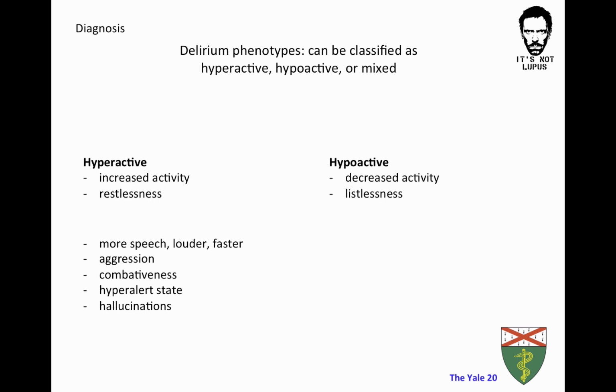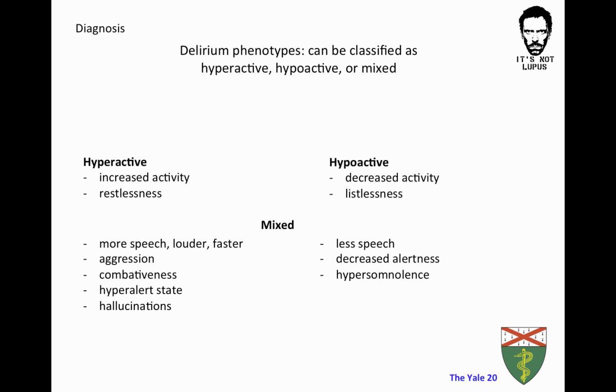In hyperactive delirium, there can be more speech. This is also louder and faster. There can be aggression, combativeness. They can be in a hyper-alert state or have hallucinations. In contrast, in hypoactive delirium, there is less speech, decreased alertness, and hypersomnolence. And of course, there can be a mix of these two types.